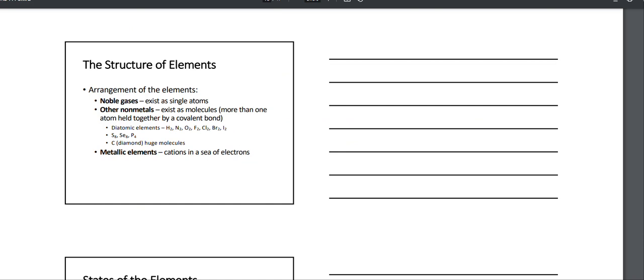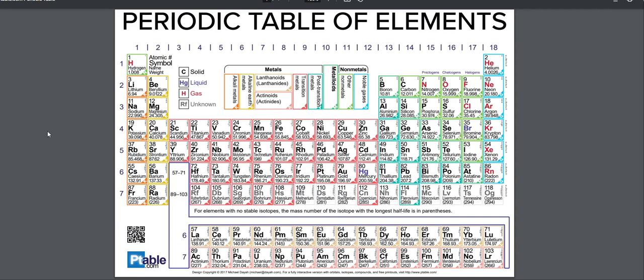That means it's more than one atom. So every time we say molecule, that means it's more than one atom bonded together. Examples are all the gases in the periodic table, with the exception of the nobles, of course, like hydrogen, nitrogen, oxygen, fluorine, chlorine, and the halogens. The halogens are the group adjacent to the noble gases right here.